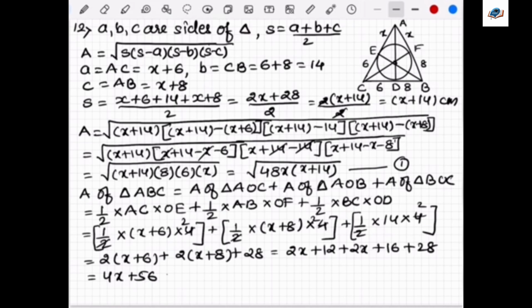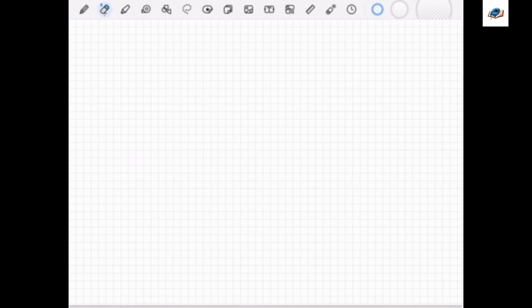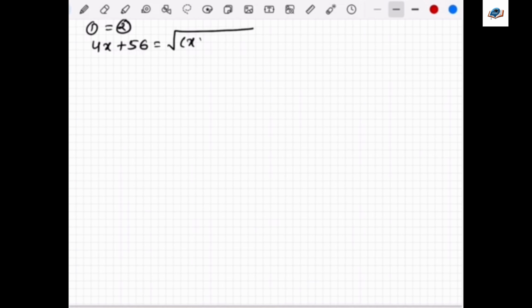Now I am squaring both sides and taking 4 common from the LHS side. So I am taking 4 common, x plus 14 whole square equal to square root of x plus 14 into 48x whole square.